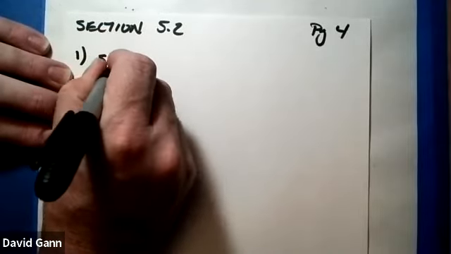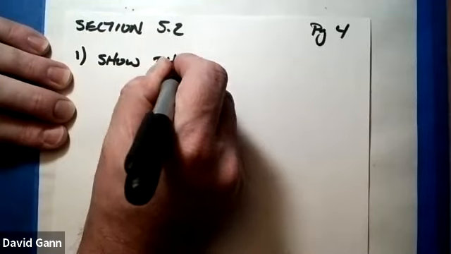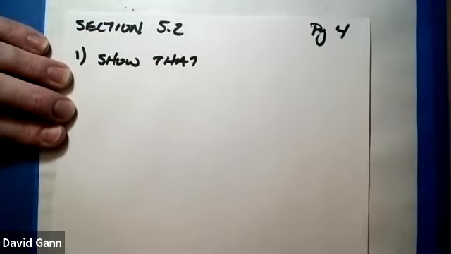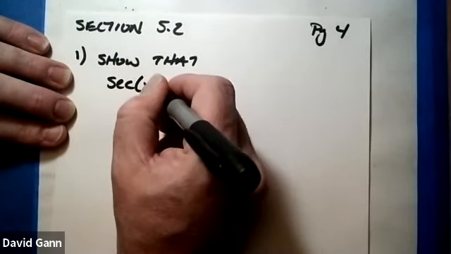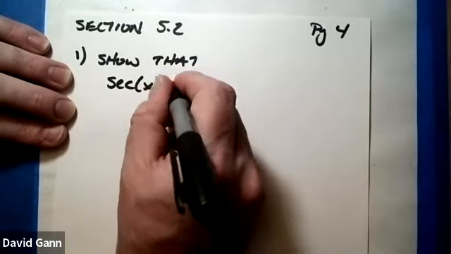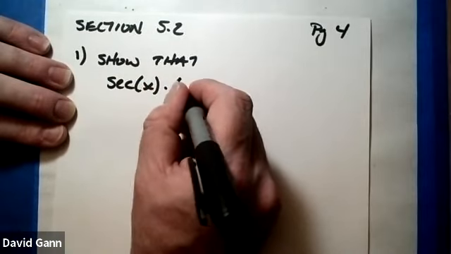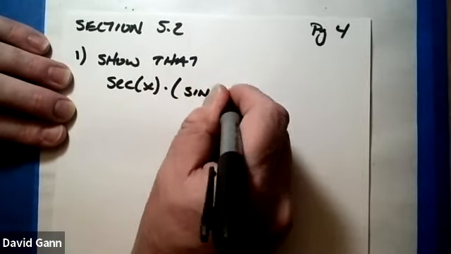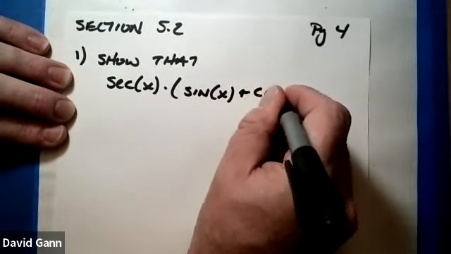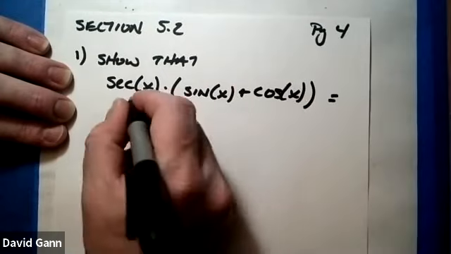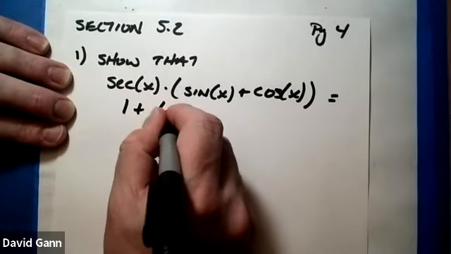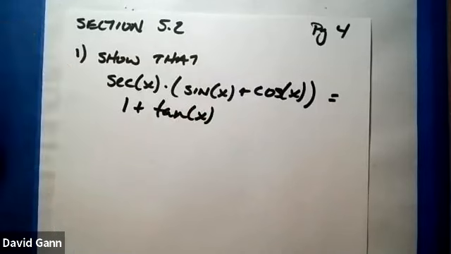Show that, which is a clever way of saying prove, show that secant of x times the quantity sine of x plus cosine of x is equal to 1 plus tangent of x.